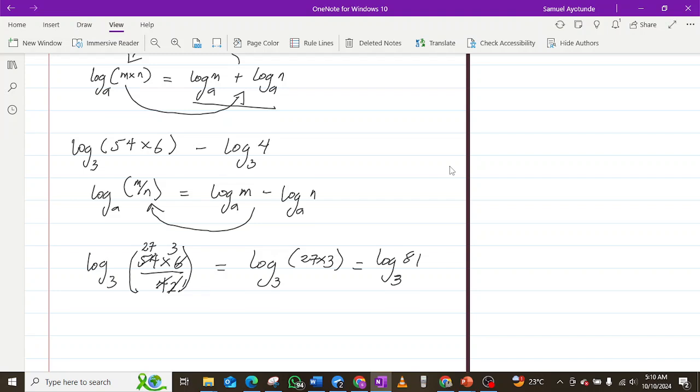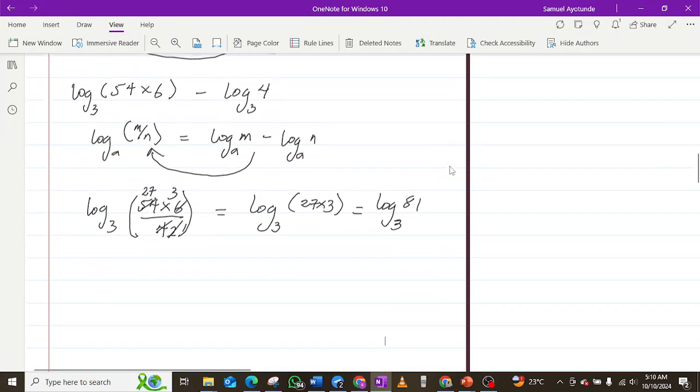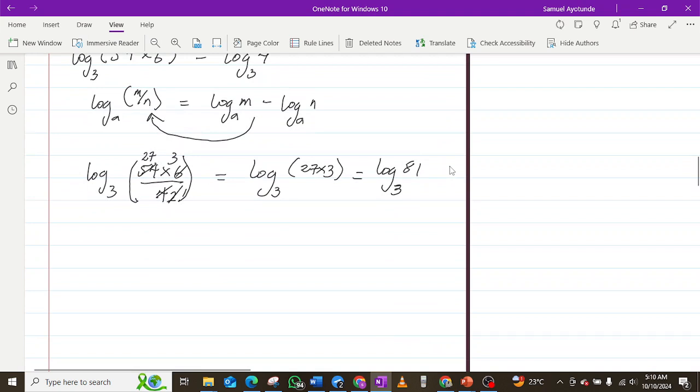So to finish up the question, we try to simplify it further. And simplifying this further, we need to check if 81 can be expressed as a power of 3, so that I have the same number here and here. 81 can be expressed as a power of 3, and it can. So we then have log 3 raised to power 4, which is equal to 81, base 3.